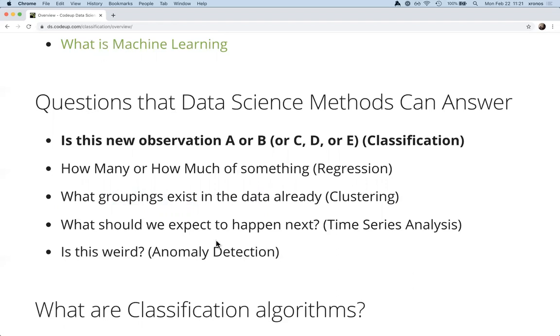And based on the type of question that you're trying to ask of your data, and based on the kind of data that you have or the kind of data that you want, that determines what kind of tools we'll be using here, okay? This specific set of 5 questions that data science methods can answer is a rephrasing of some material from Microsoft that boiled down very similarly.